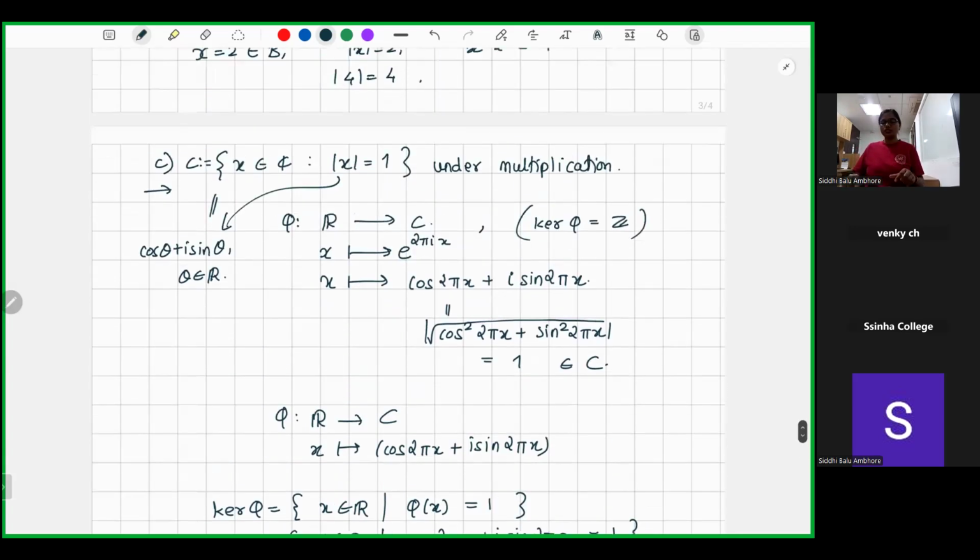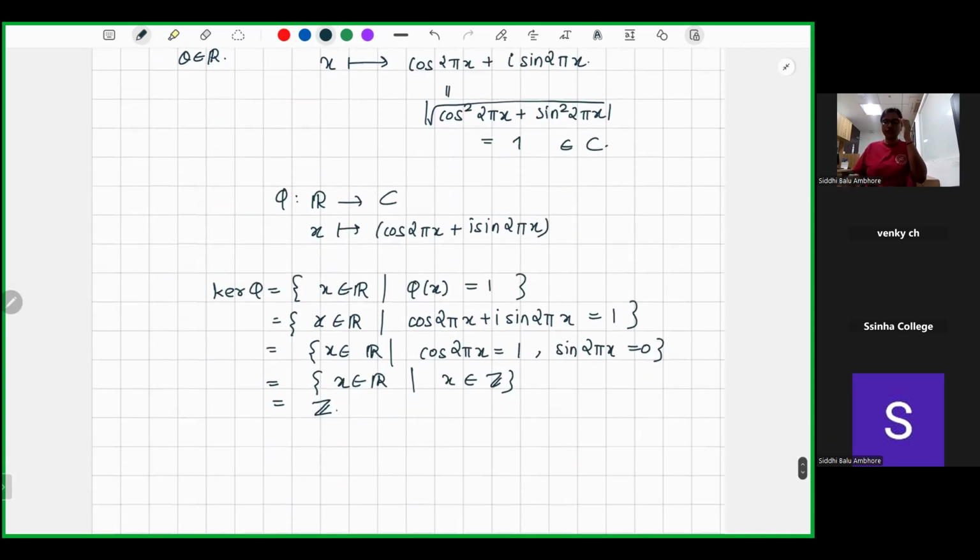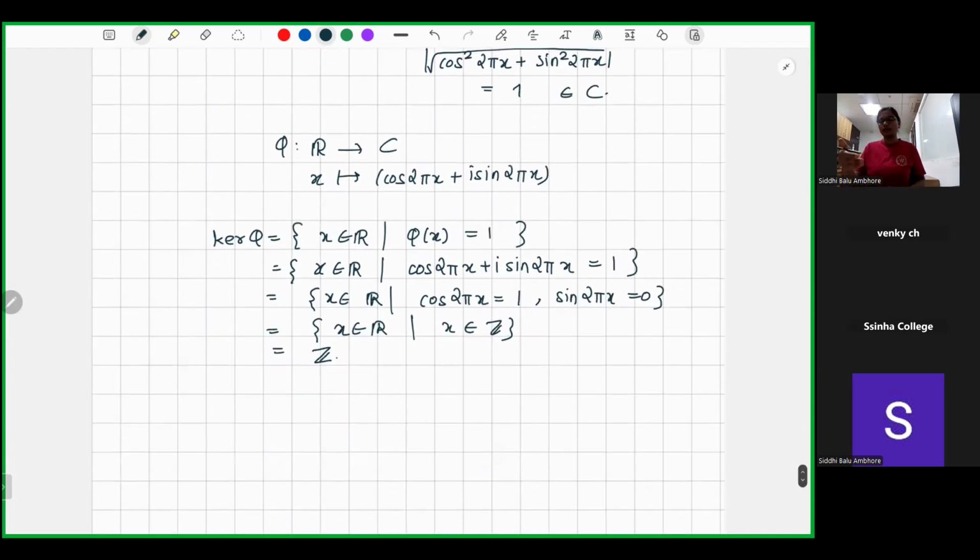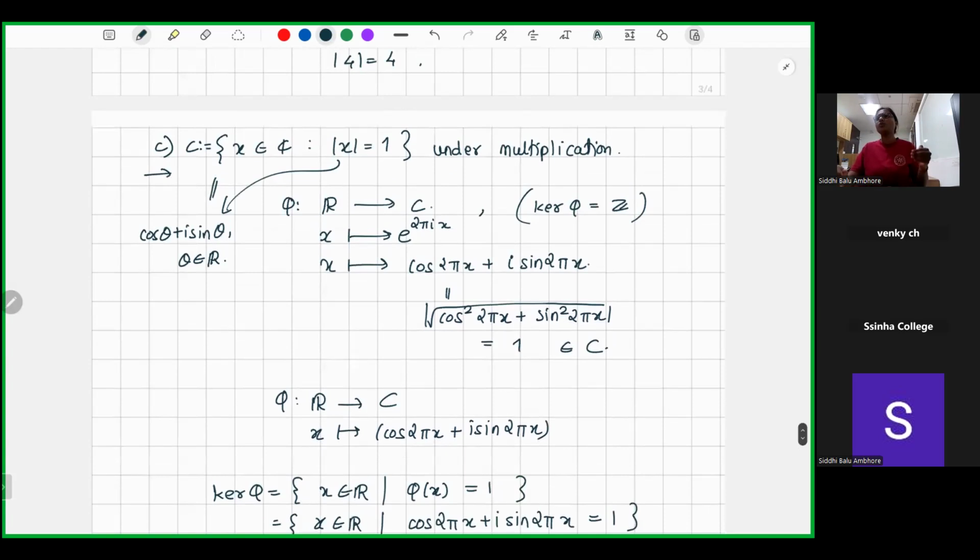Okay, so this is P which we obtain, and from now I have phi, and this is onto, you can check.